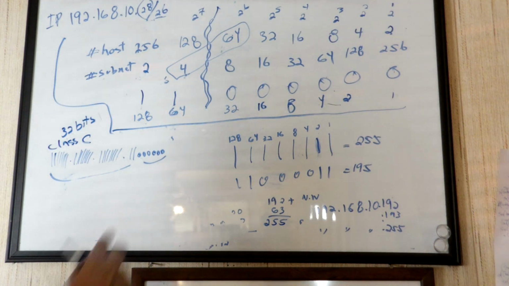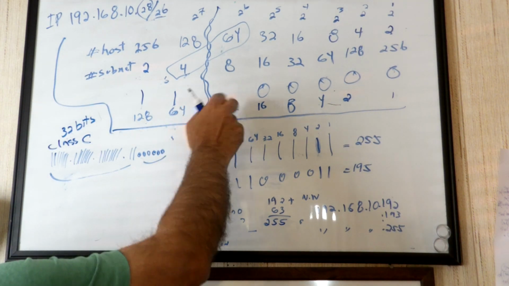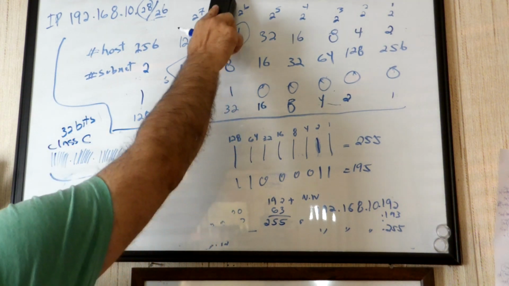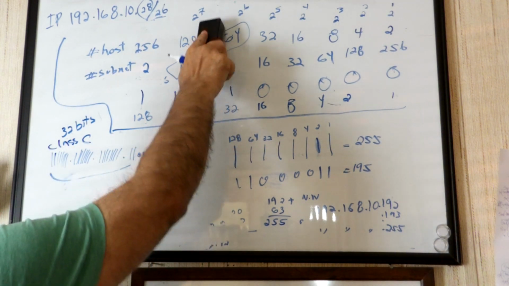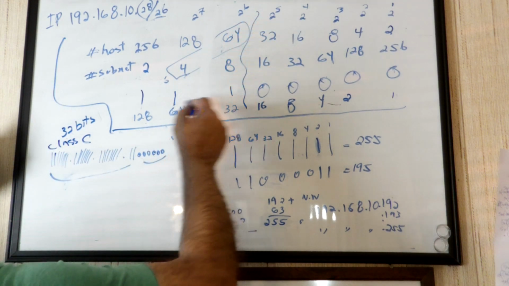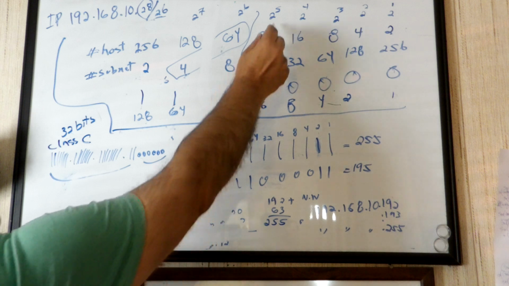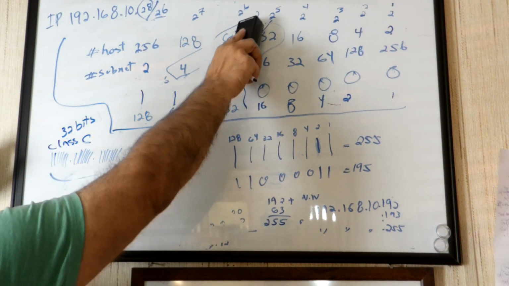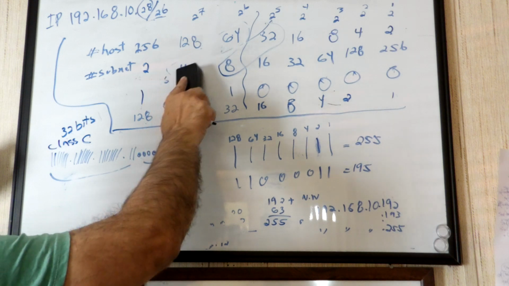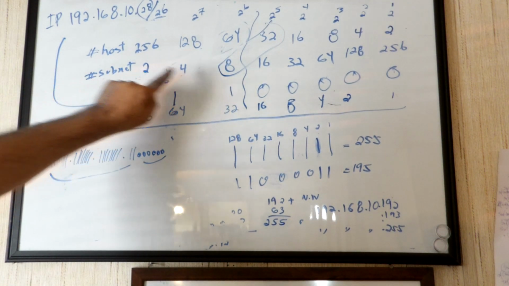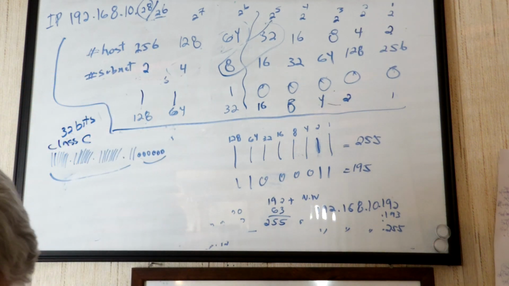If we borrow another one, we erase this line. Okay, we borrow 3 bits. When we borrow 3 bits, this is going to be the case: 8 subnets.